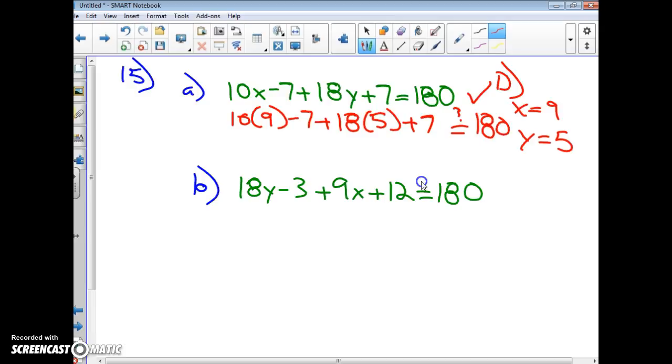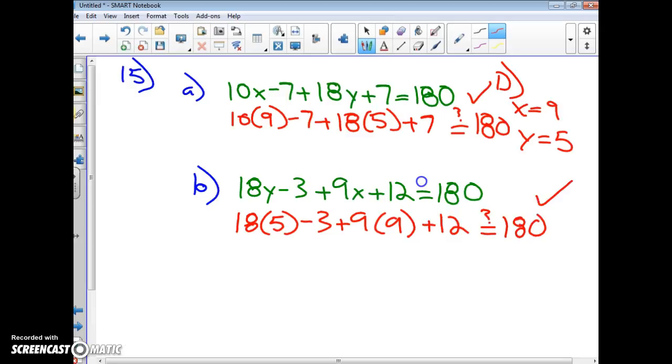The answer is yes. You do the same thing. Plug it in down here. 18 times 5 minus 3 plus 9 times 9 plus 12. Does that equal 180? Yes, it does. So D is my correct answer. And you can just punch all this in your calculator and see, does it equal 180?